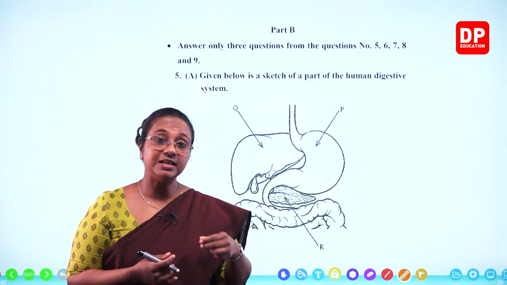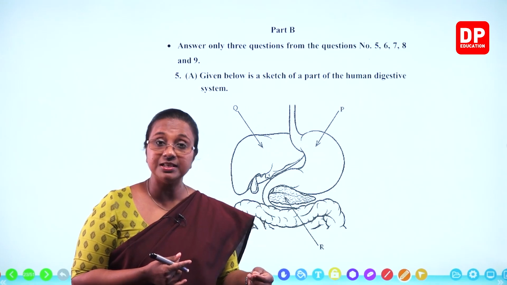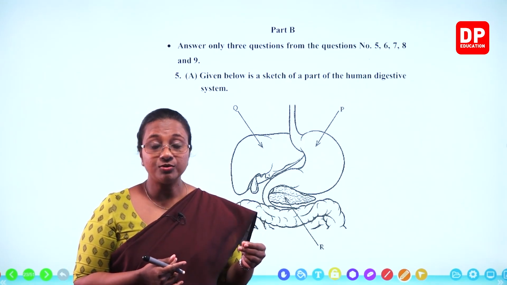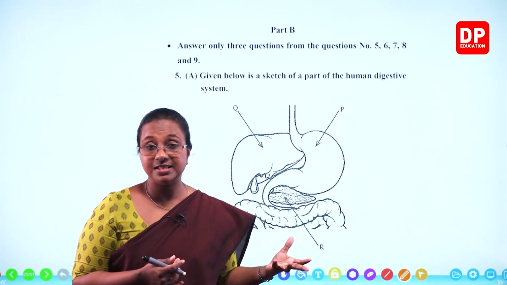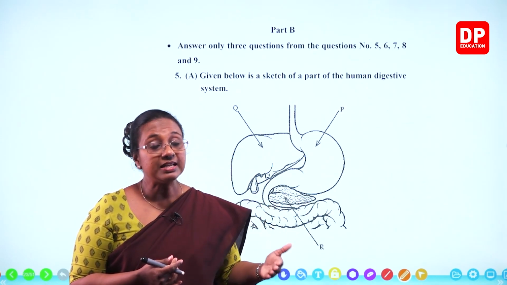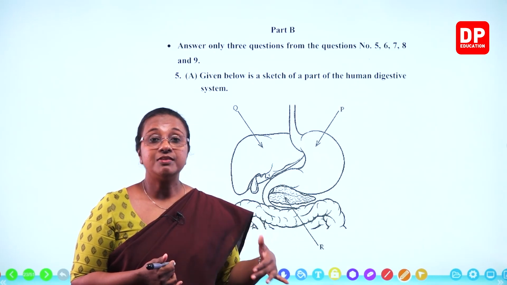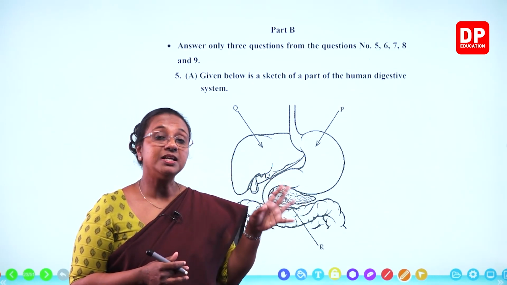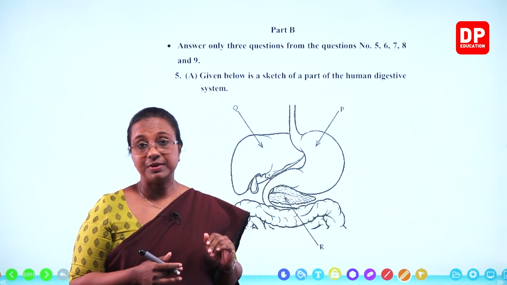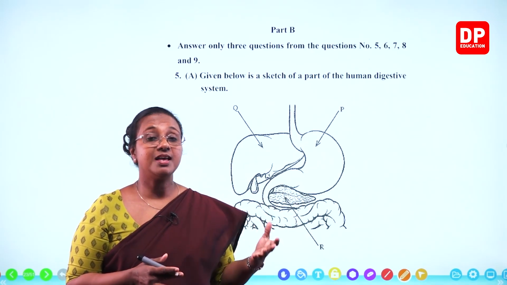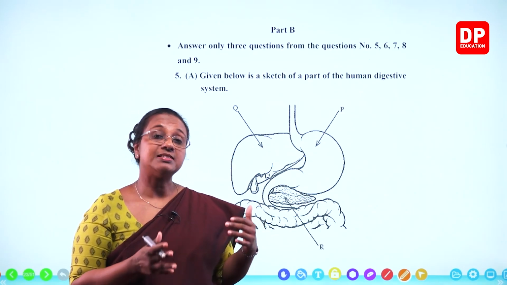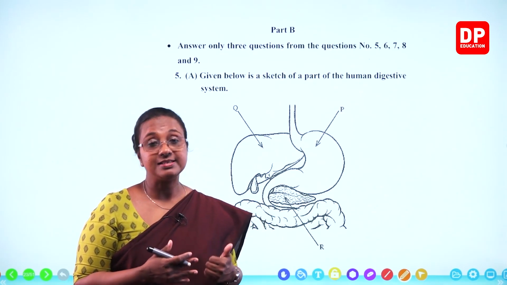There the food particles are broken down further into very tiny particles. There is hydrochloric acid to provide the acidic medium, and there is pepsin, renin and hydrochloric acid in gastric juice. Pepsin converts protein to polypeptides, renin is there to coagulate milk, and hydrochloric acid provides the acidic medium.